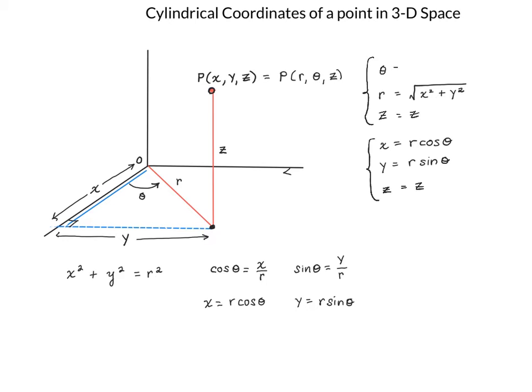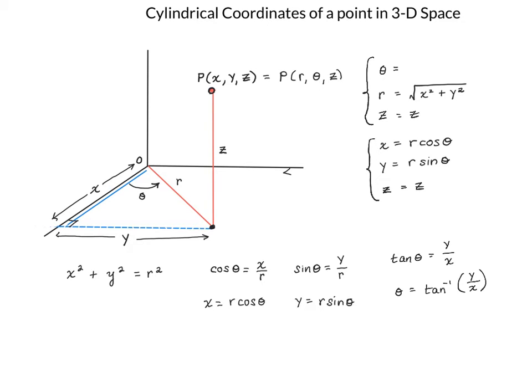To find theta, we have to look at the relationship between x and y, because we know that the tangent of theta from the angle is the opposite side, y, over the adjacent side, x, which means if I take the inverse tangent, or arctangent, of both sides of this equation, I get theta is equal to the arctangent of y over x.